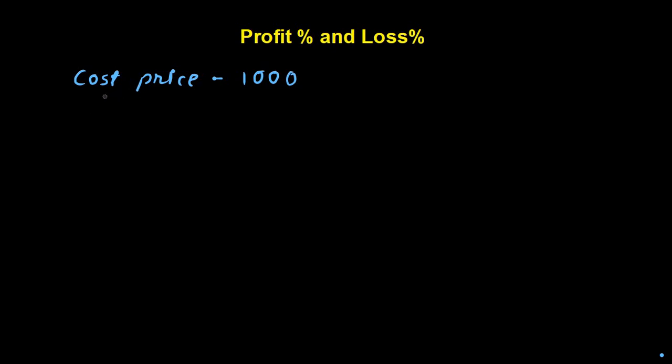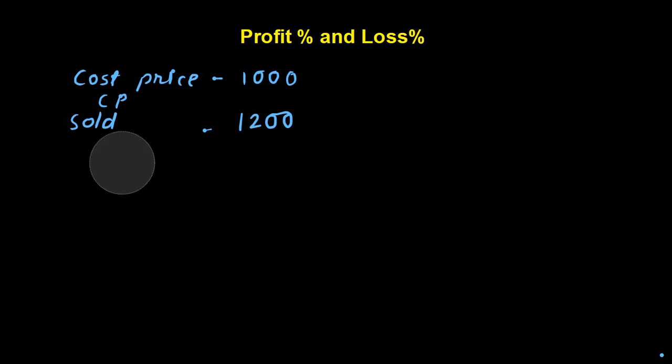Cost price can also be referred to as CP. Then later he sold it for, we can say, 1,200. So this is his selling price, or SP.